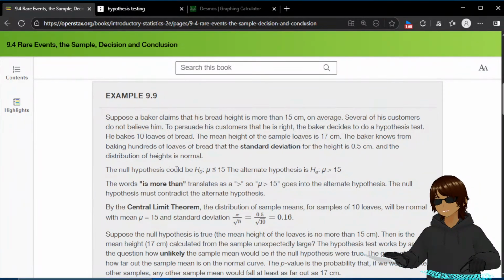The null hypothesis could be that mu is less than or equal to 15. The baker claims that his bread height is more than 15 centimeters on average.